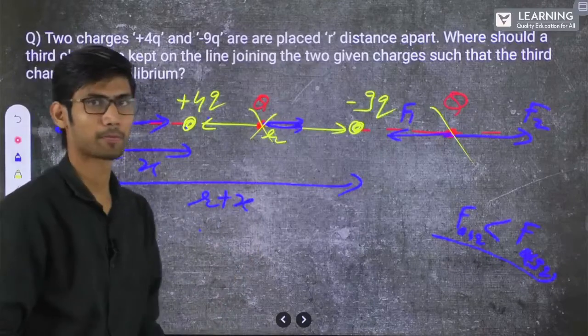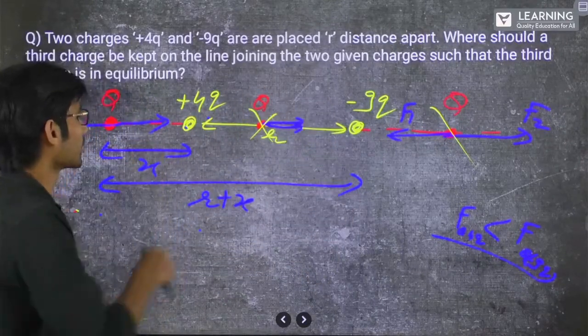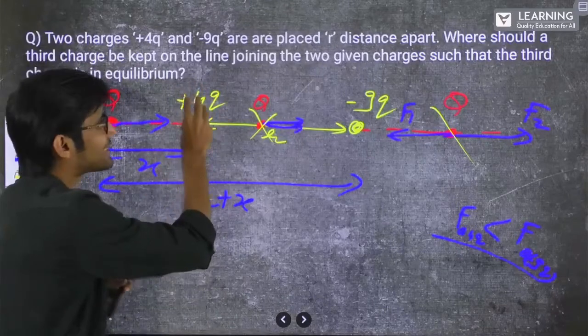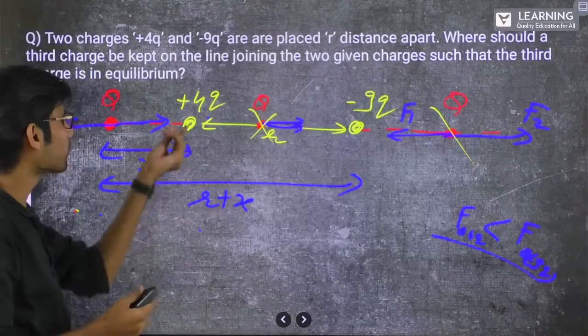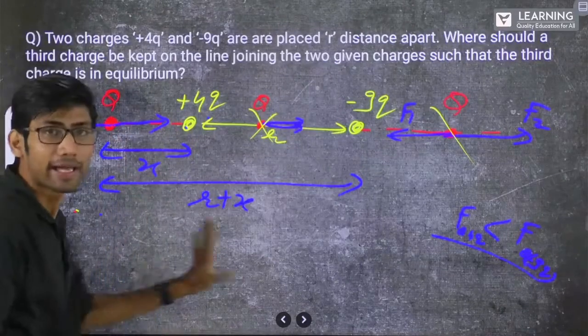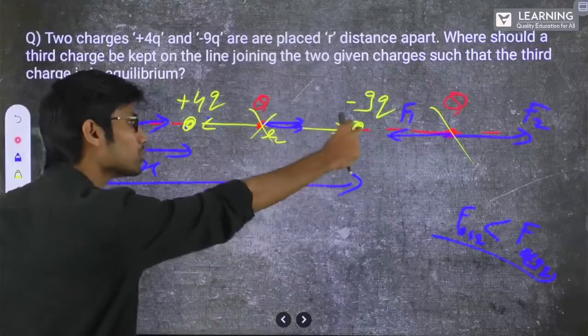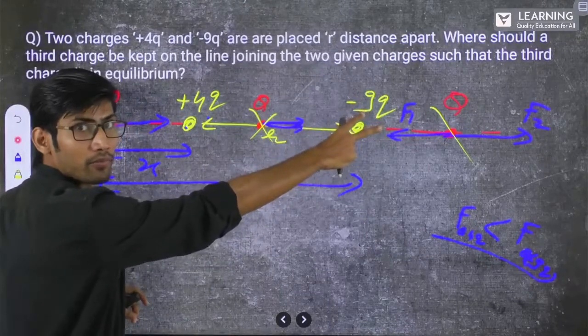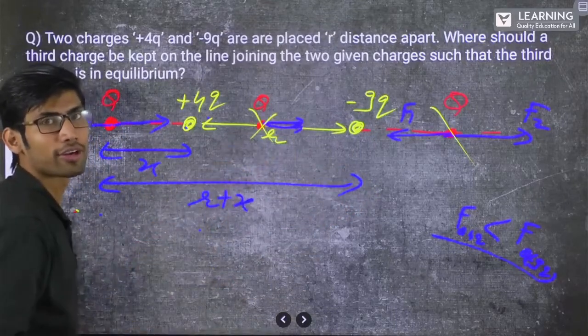Now see, can the magnitude of forces be equal? Let's see. This is less charge compared to this, but the distance is also small. That means the influence of this charge on this charge can be equal to the influence of this charge on this charge. Why? Although the charge is bigger, the distance is also increased, which will reduce the effect of force.